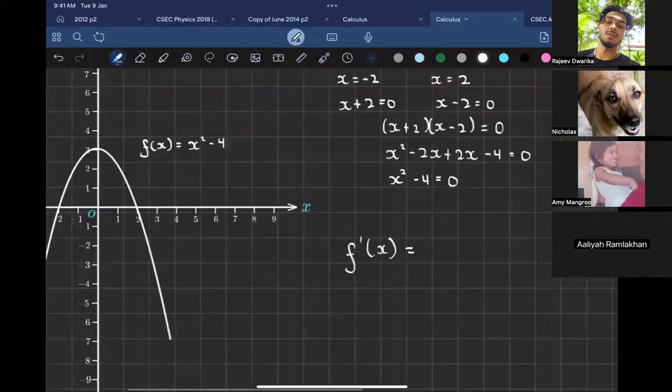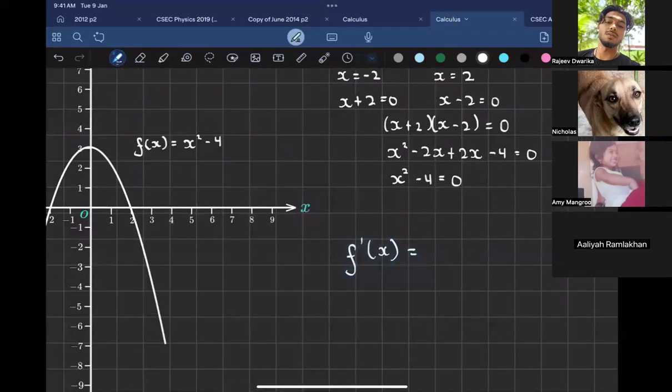So differentiate x squared minus 4 for me. That will be 2. 2 what? When you differentiate -4, it would just be 0.